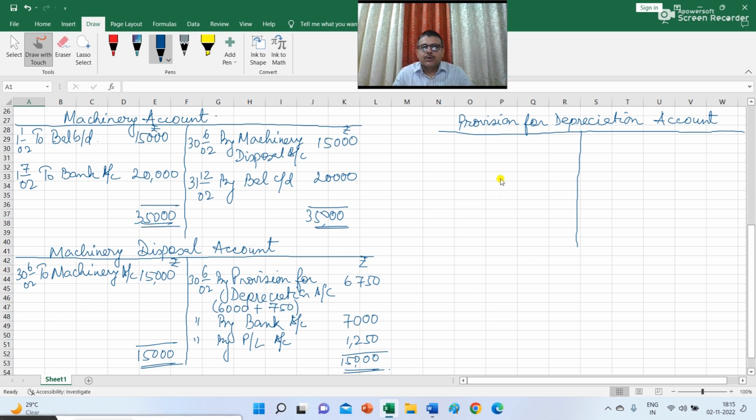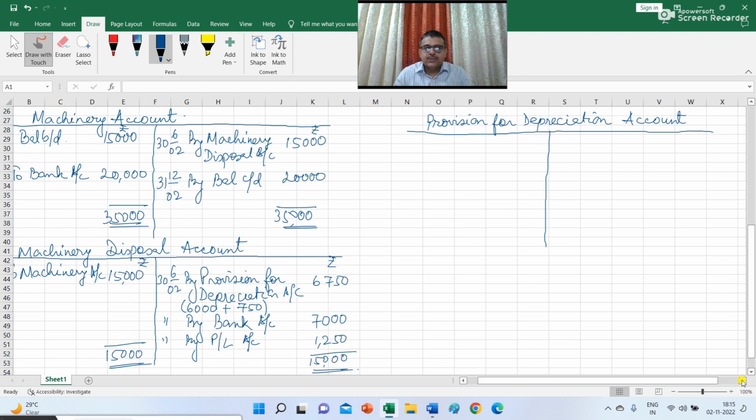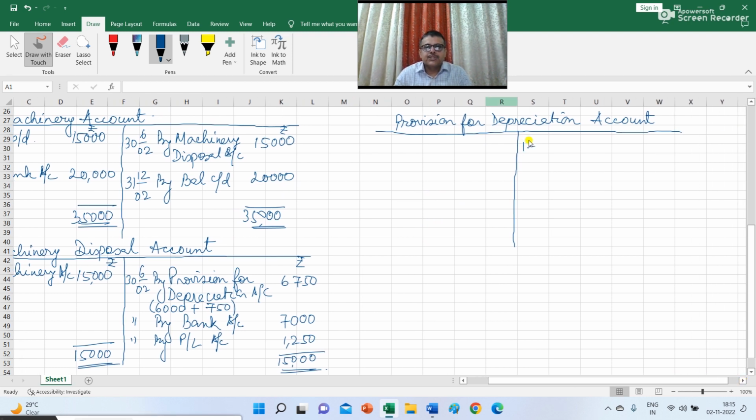Now you come to the provision for depreciation account. What was the balance on 1st January 2002? The balance in the provision for depreciation account was 6,000. Up to 30th June 2002, depreciation was charged for rupees 750.